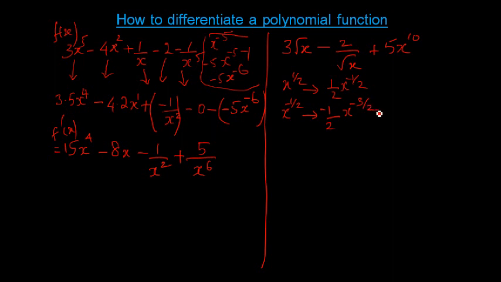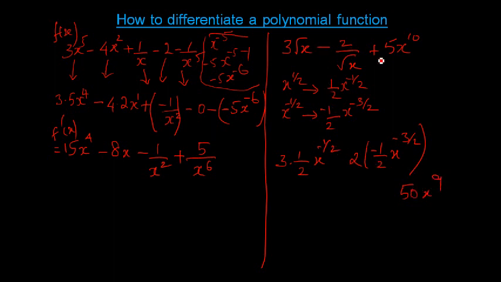So we have to just find the derivative of each of the functions. So 3 is kept as it is. Root x becomes half x power negative half. 2 is kept as it is. 1 over root x is negative 1 over 2 x power negative 3 over 2, and this is obviously 50 x power 9. By now this should be easy for you.